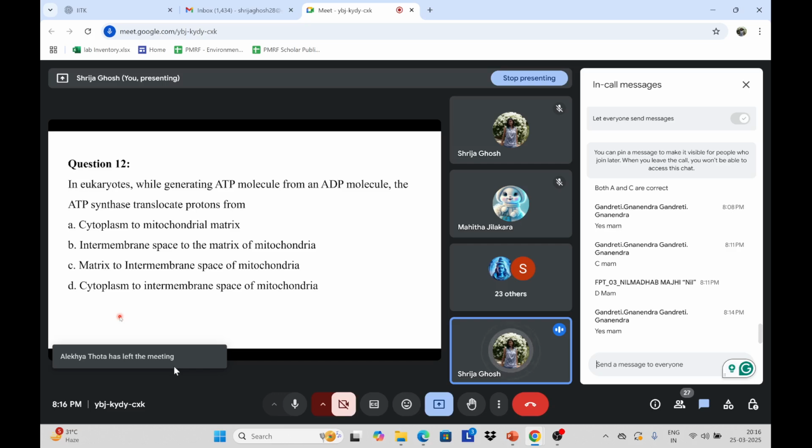I've already shown you the diagram for the electron transport chain. Anyone knows the answer?